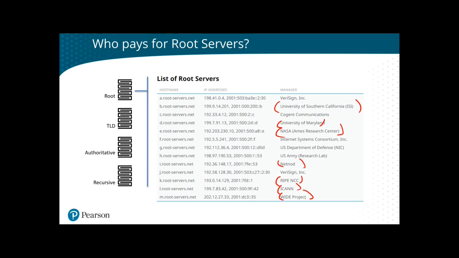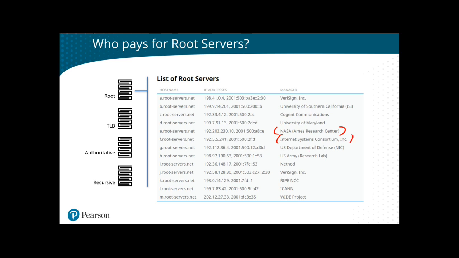USC ISI runs B-Root server and they need X amount of money every year, and they'll just go around hat in hand and say, we need money for this. It just comes out of their operational donations and stuff like that. NASA Ames is supported by the US government. They just keep their servers up as part of their research program.